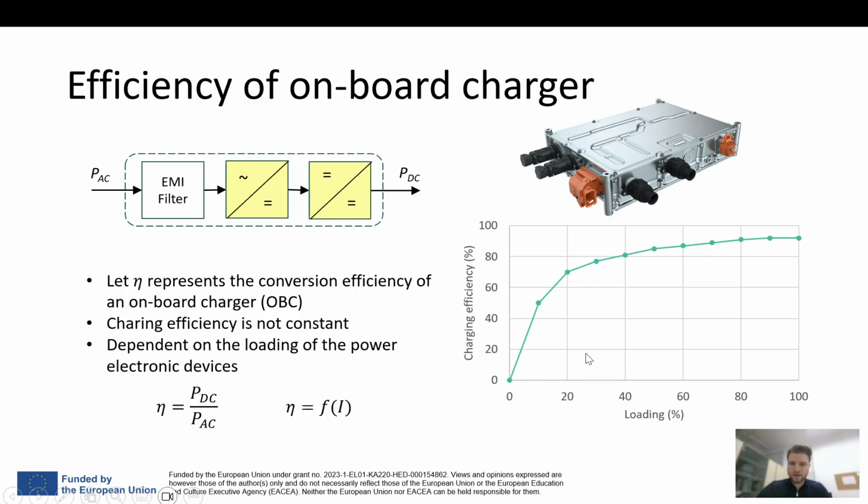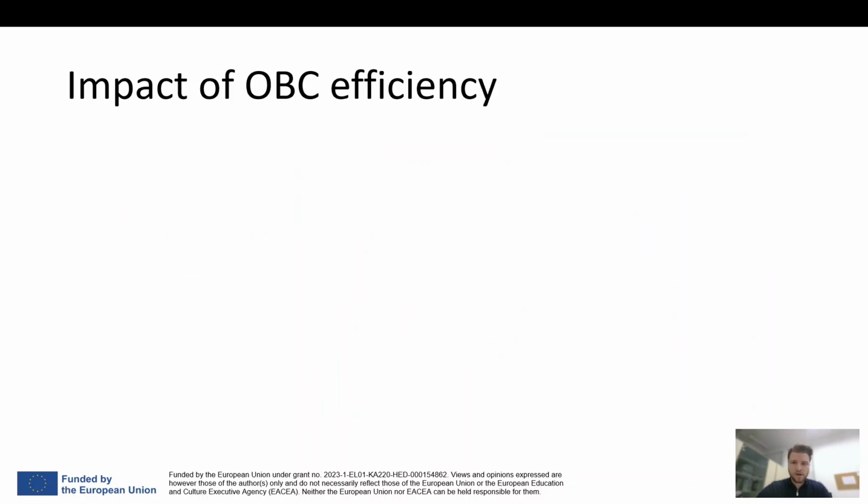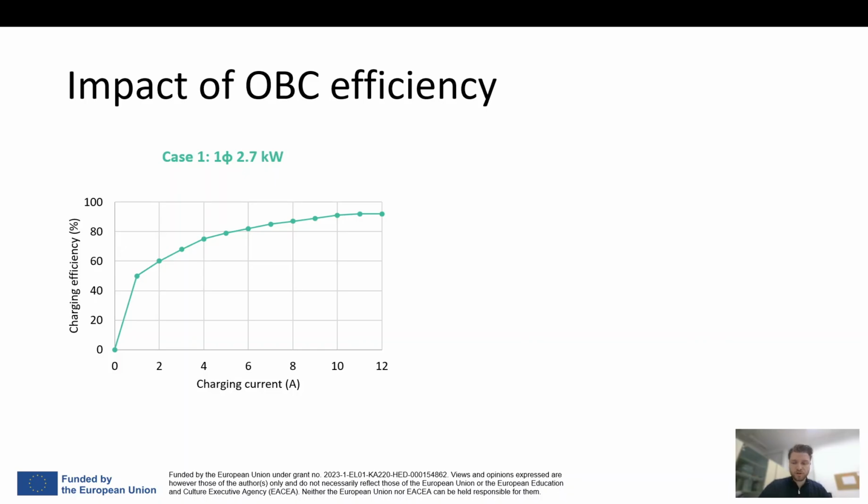We have very low charging efficiency for very low loading of the charger, and the efficiency increases. This characteristic is going to differ from one charger to another. Its peak may be around 80%, or it may be around 90 to 100%, depending on the topology and the type of the charger. So why is this important?